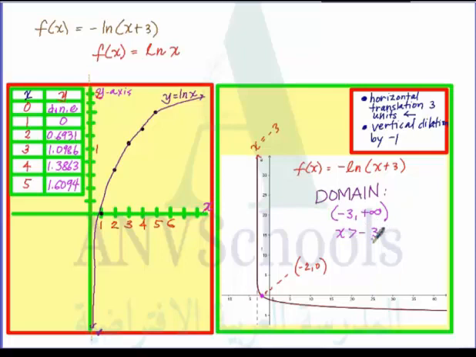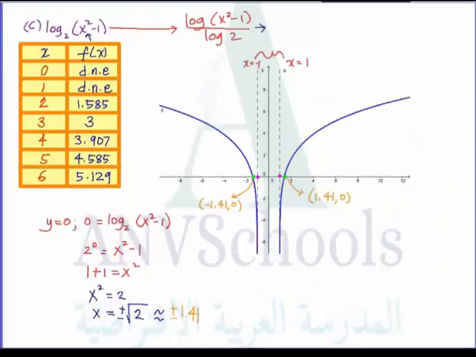While the last one has a seemingly different type of domain. As you can see, the graph has two curves, one to the right and one to the left. And these two curves define the function log base 2 of x squared minus 1.